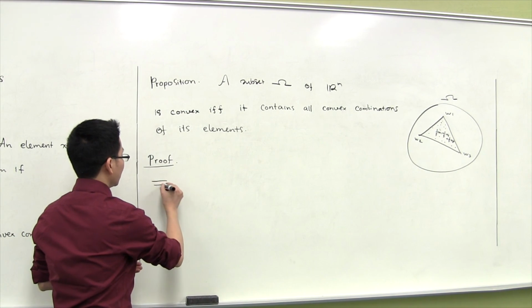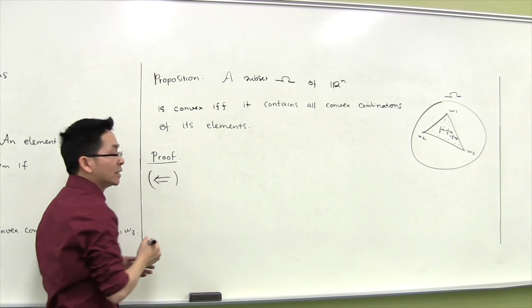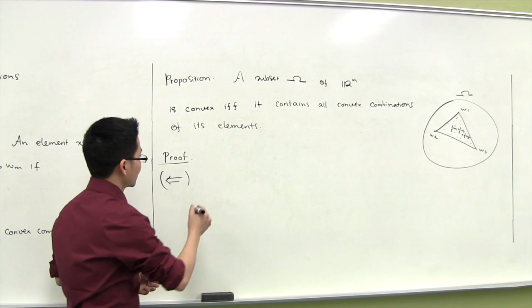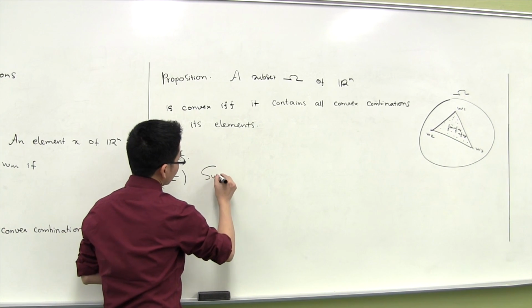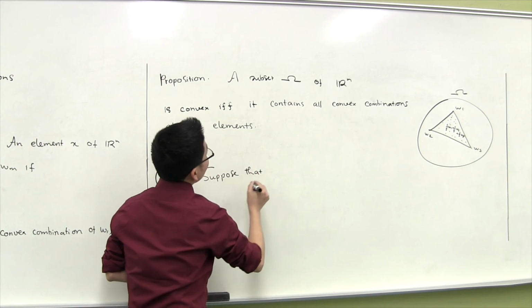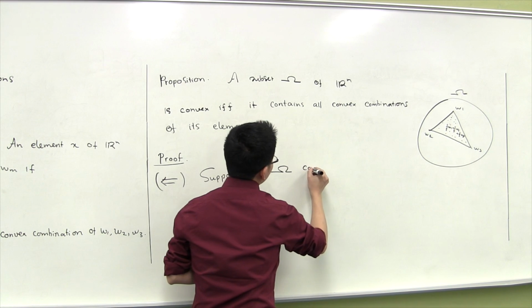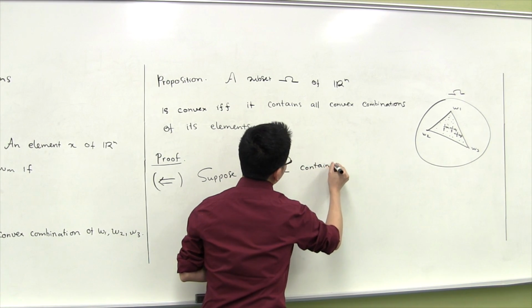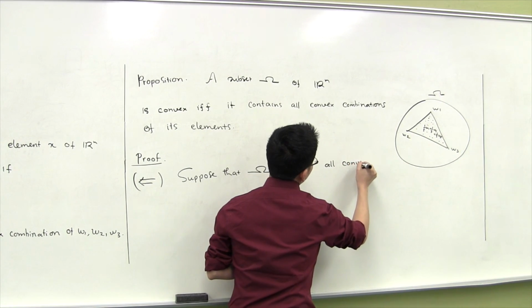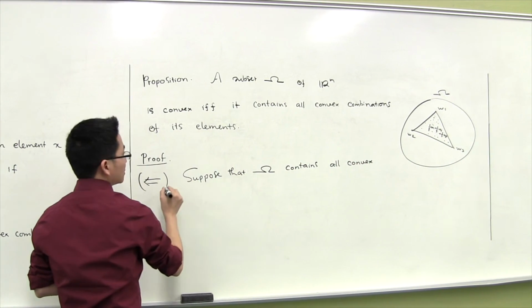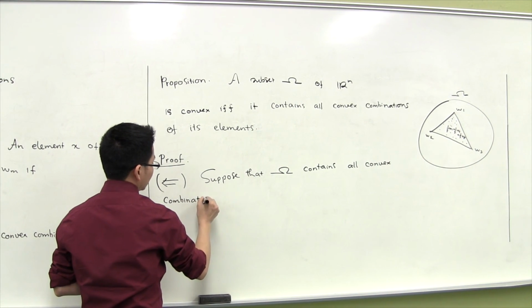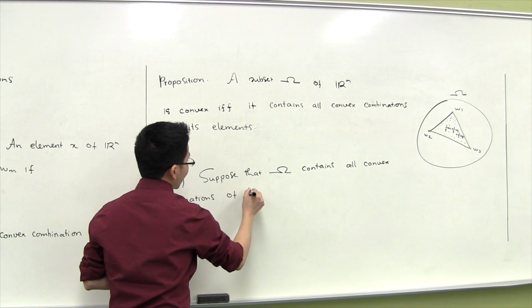This direction is easier to prove, so I'm going to go through it first. So suppose that omega contains all convex combinations of its elements.